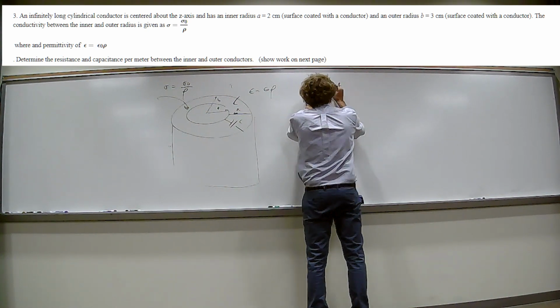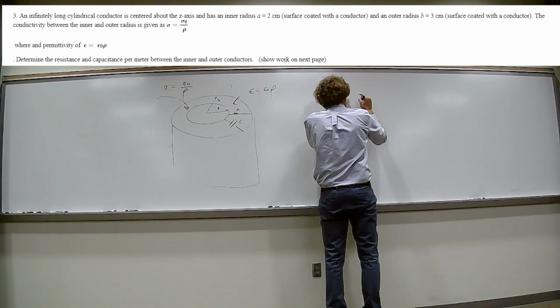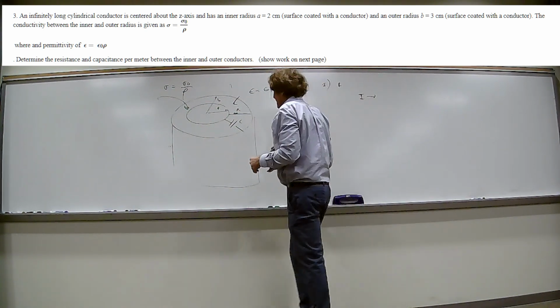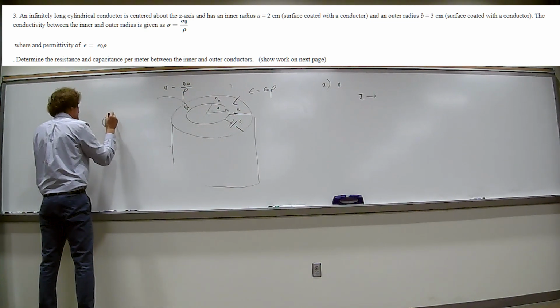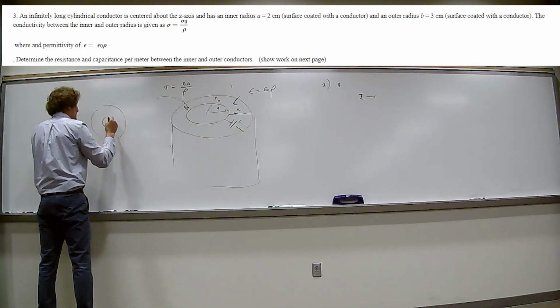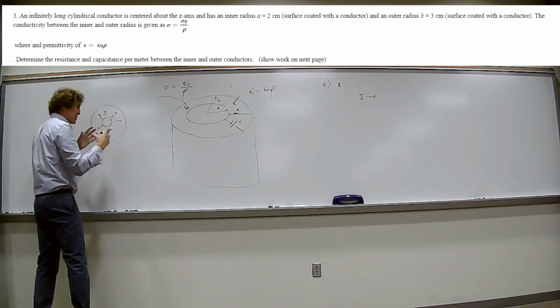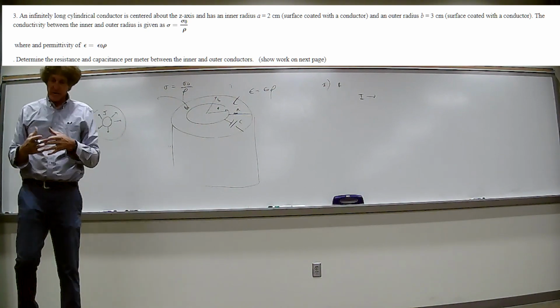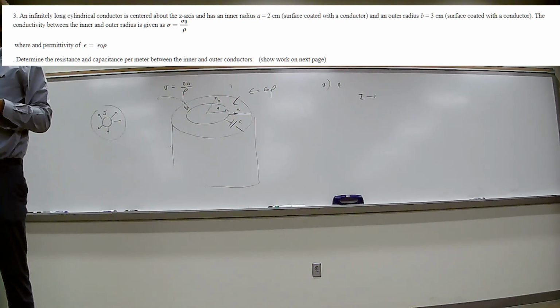So if we're after resistance, first thing we do is assume I. And that I will be, if I look right down the z-axis, the I is coming in here, and that means there's going to be a current density J that's going to be spread out radially. It's going to just go from the inner surface to the outer surface. Do y'all follow me in that, class?